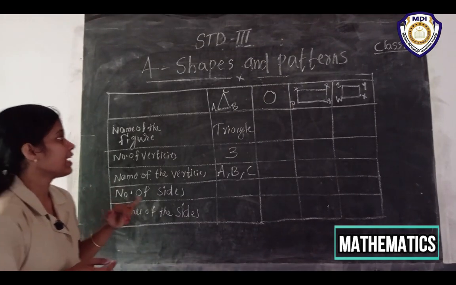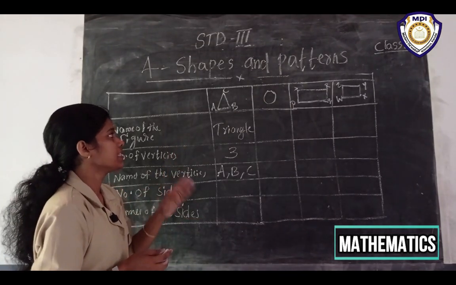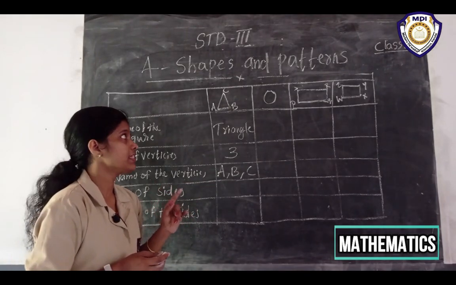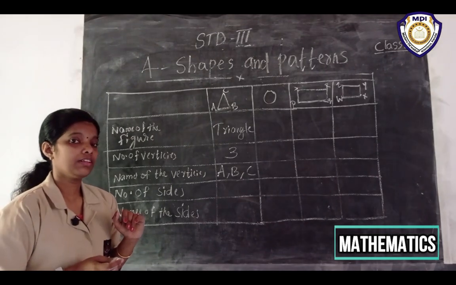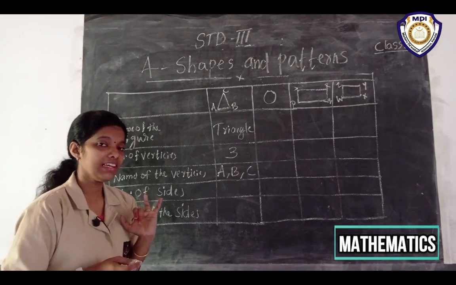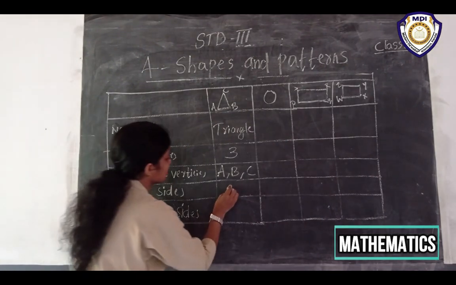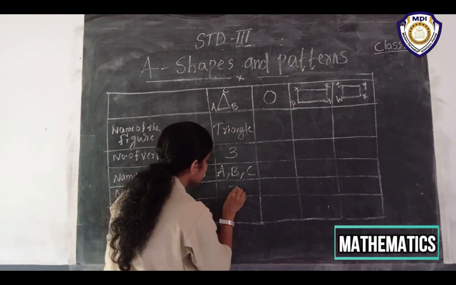Number of sides. How many sides does a triangle have? Only 3 sides.